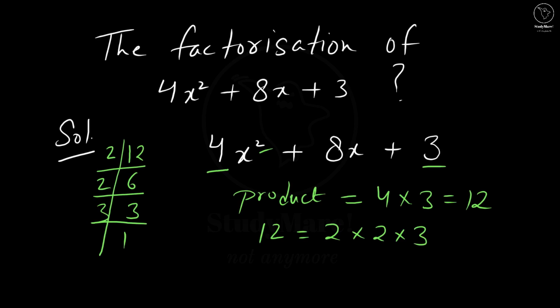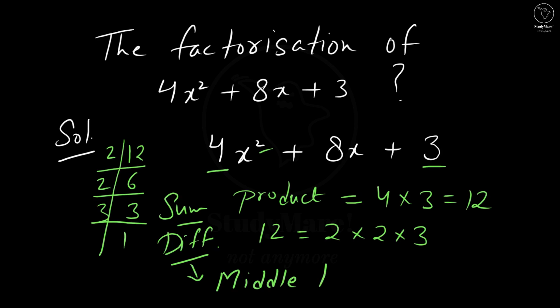Now just look at this, and you have to rearrange these terms in a way that either in sum or in difference we get the middle term, which in our case for this question is 8.